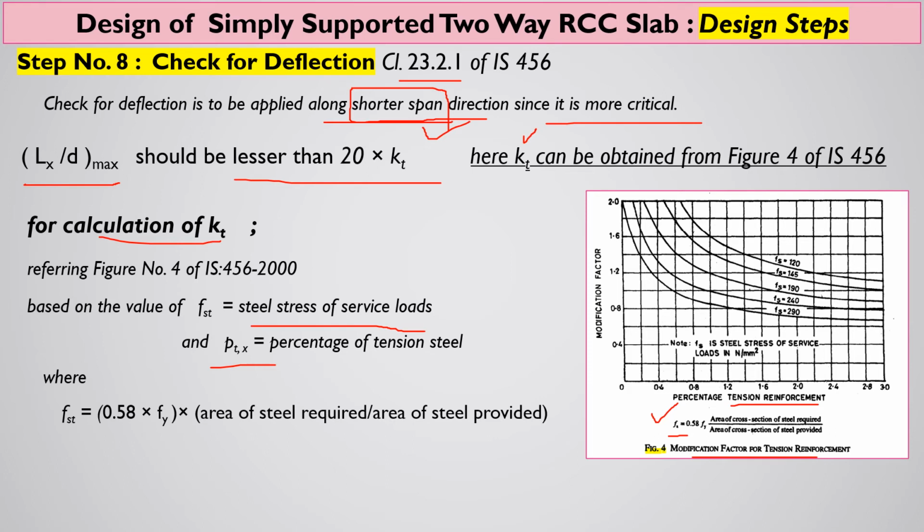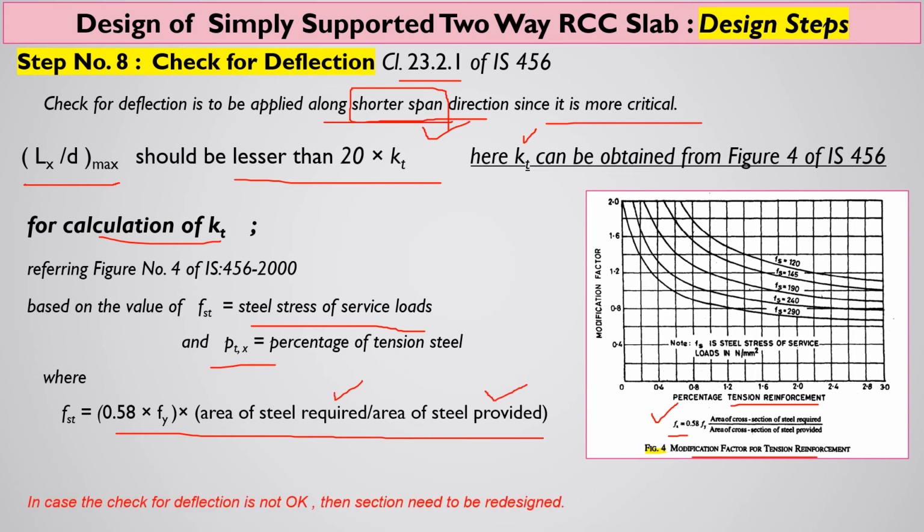FST you can just work out from the formula given here, that is 0.58 into Fy and into the ratio of area of steel required to the area of steel which you have provided. In case this check is not okay, then we have to go for the redesign of the section as per our requirement.